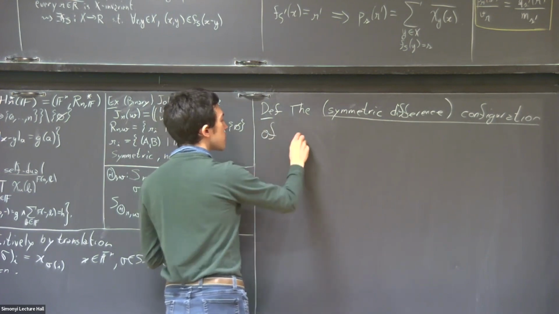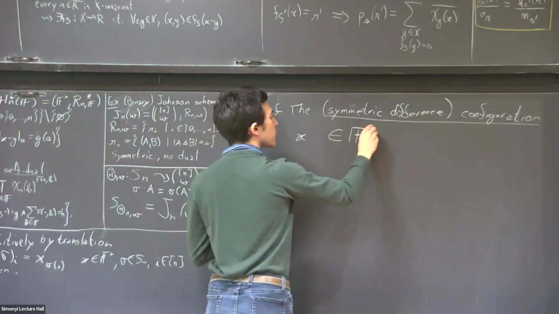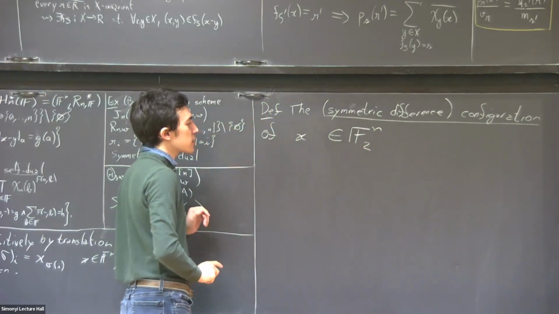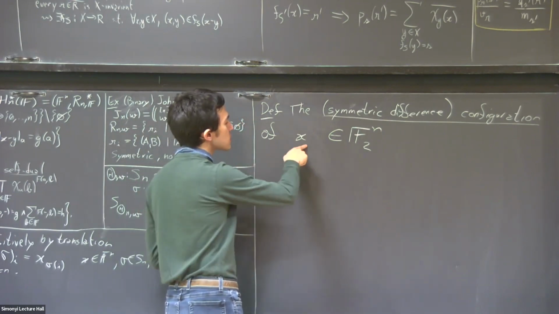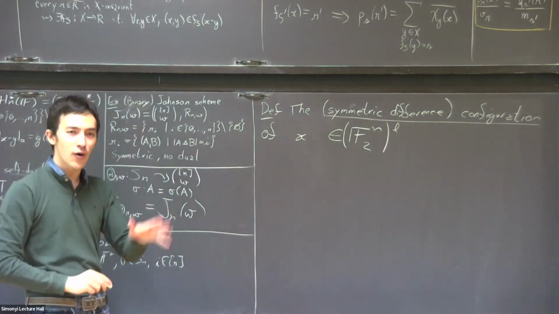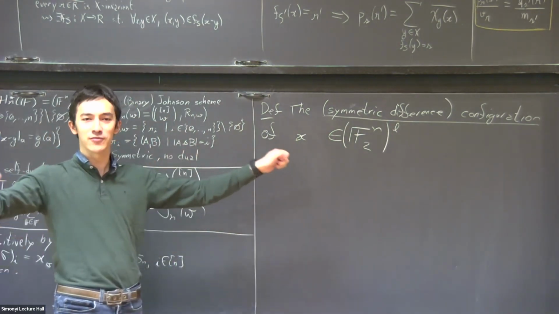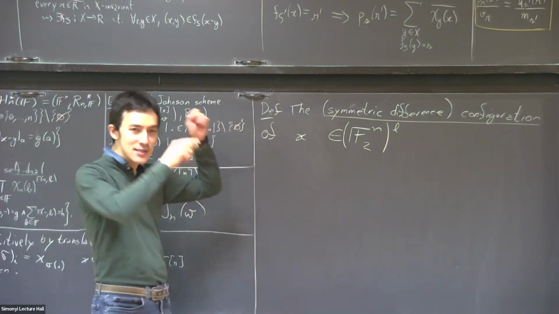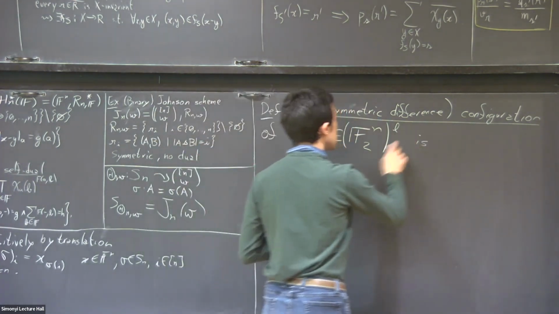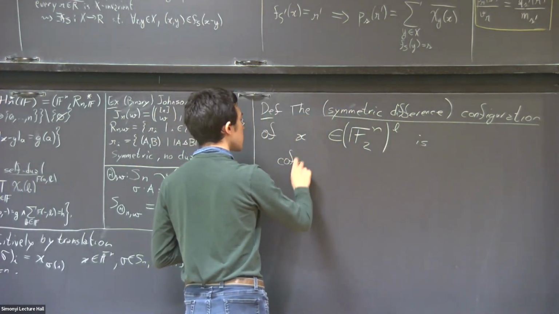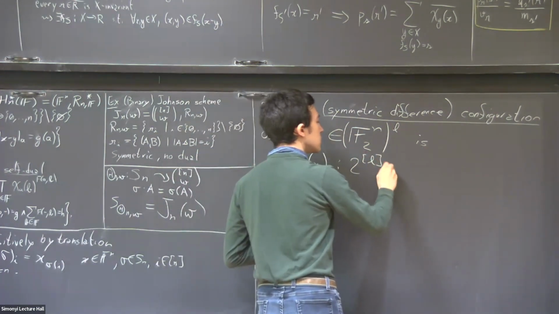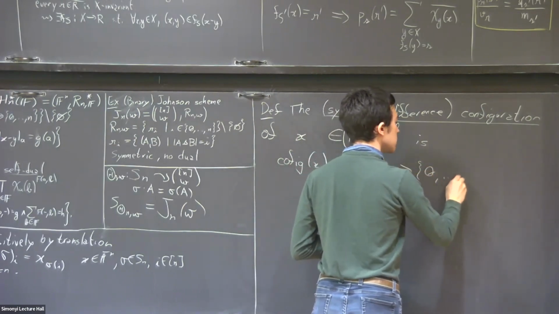Now, instead of picking just a single element of F_2^n, and let me just do the binary case, because the non-binary case is more complicated, so I'll skip it, I'm going to pick an L-tuple of elements. I want to insist that there's an L-tuple of code words of length n, rather than one big code word of length nL, because this is going to be a function config of x, which goes from subsets of L to 0 up to n.